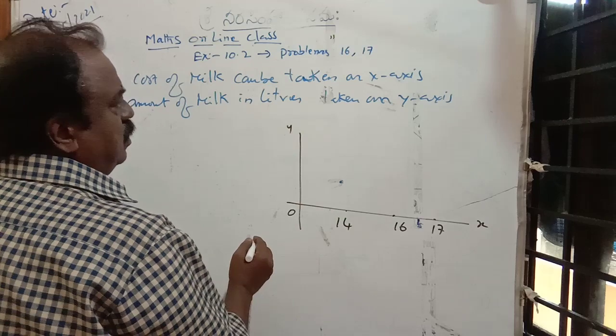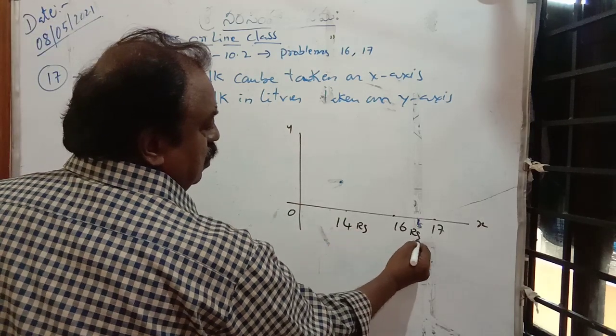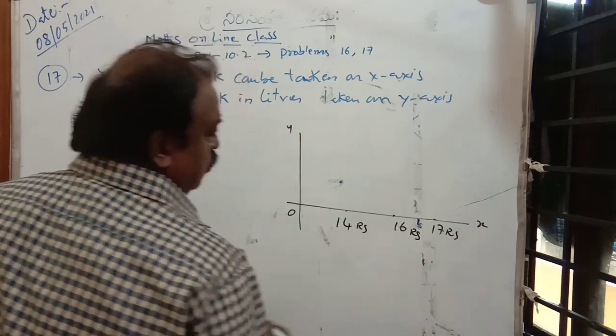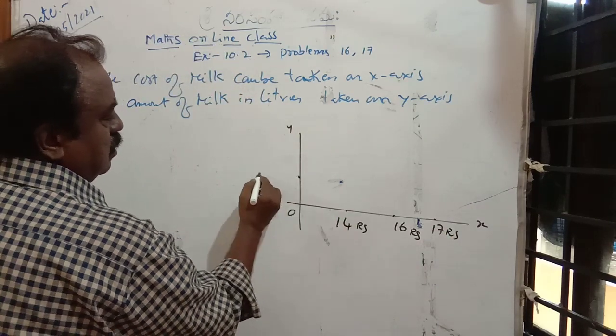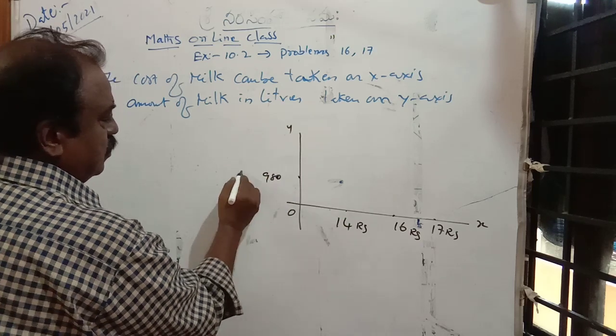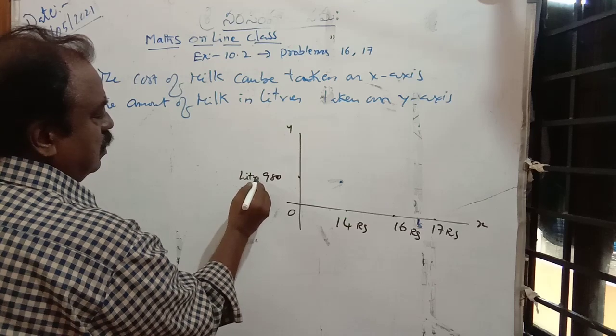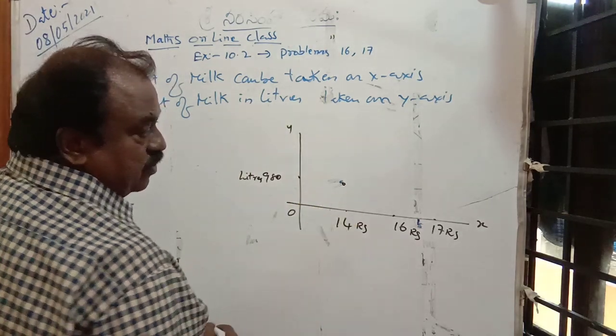When the cost of milk is 14 rupees, how many liters can be sold? 980 liters. So it is a point.